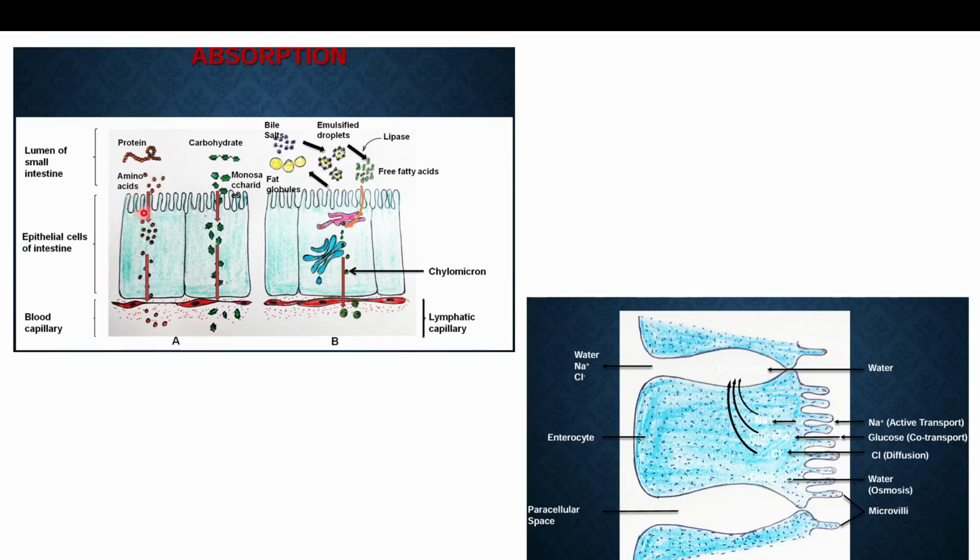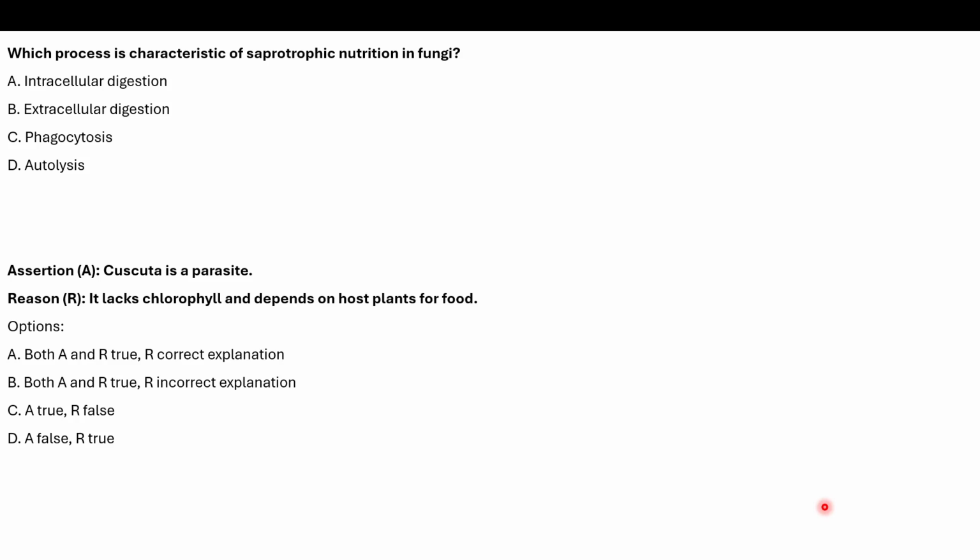It passes through the epithelial cells of the small intestine, taken in through these microvilli, and eventually gets absorbed into the bloodstream. Now, in case of enterocytes, again, there's movement of electrolytes as well, movement of the simplest sugar form as well through the enterocytes, and this is affected by the microvilli here, which increases the surface area for absorption.